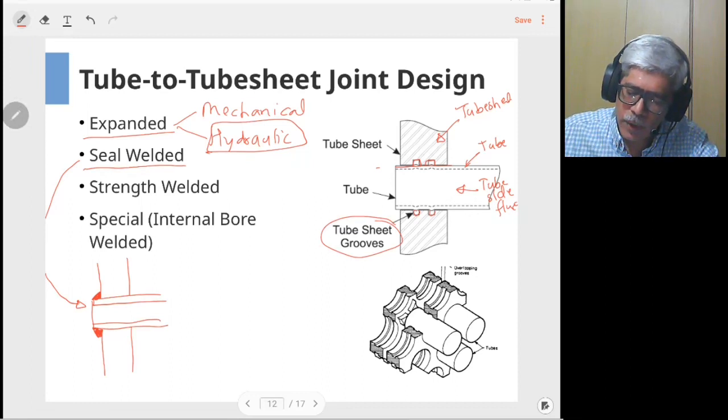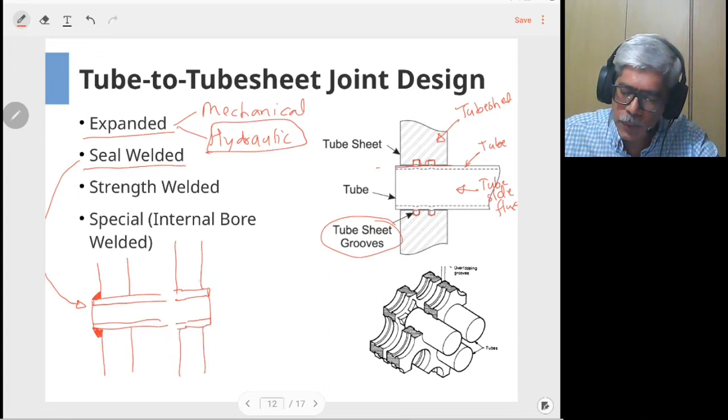In the strength welded joint, I will just draw on the other side. You have the tube and you have the tube sheet. In the strength welded joint, you make a groove inside the tube sheet.